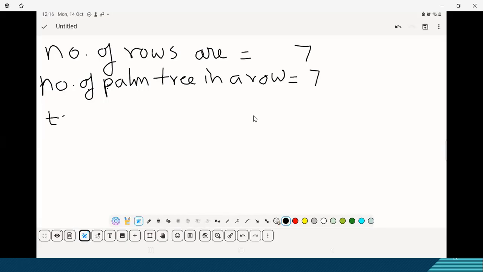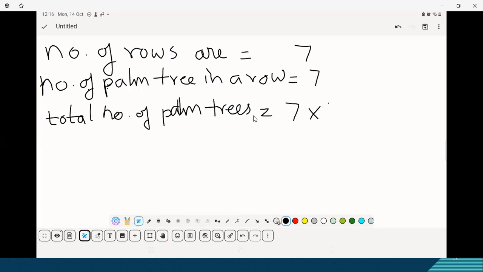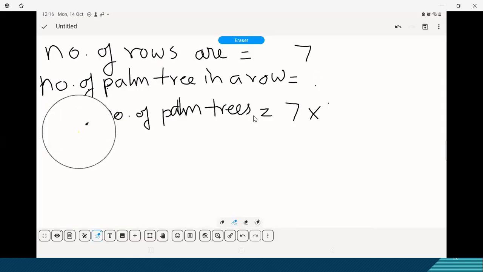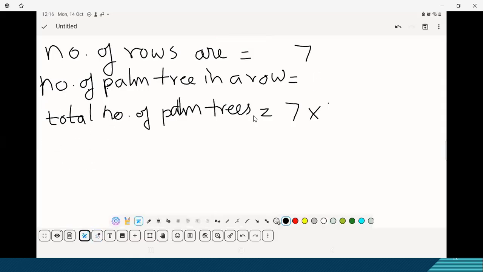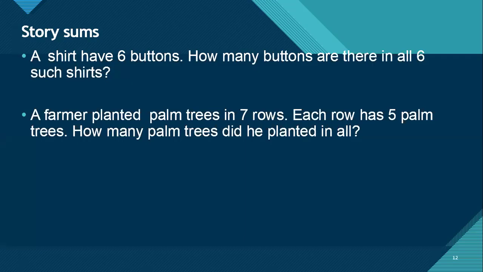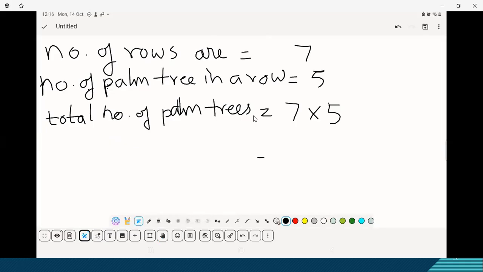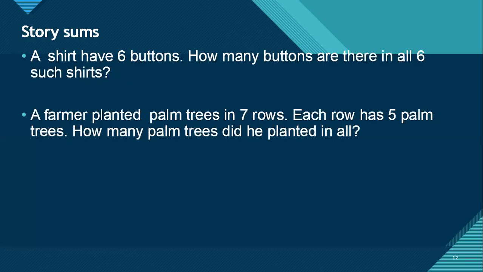So the total number of palm trees are 7 multiplied by, I think there is a mistake I did, 5. There are 5 trees in a row. Let's quickly cross check it. Okay, 5 trees, so 7 multiplied by 5, that will be 35. That will be the answer.